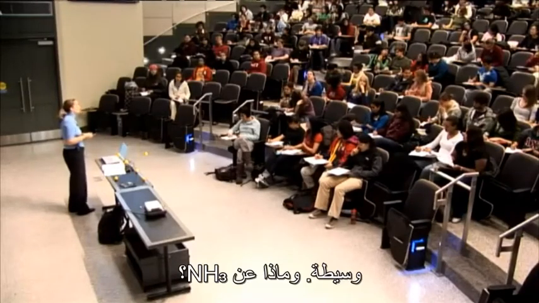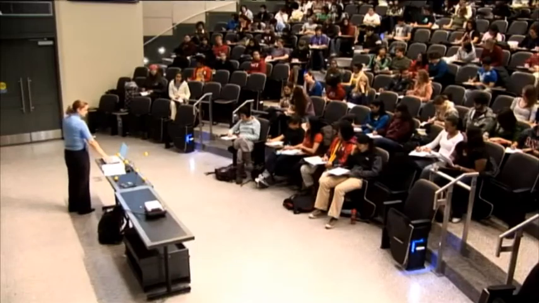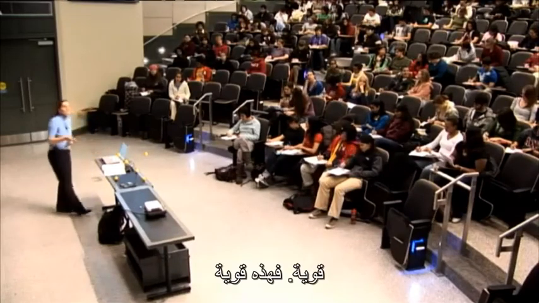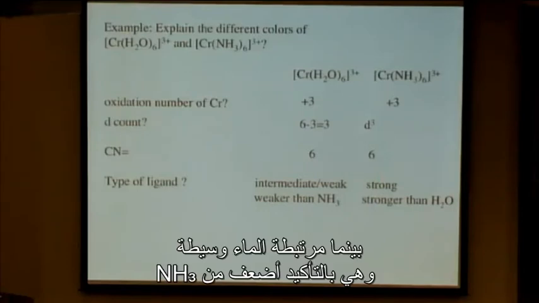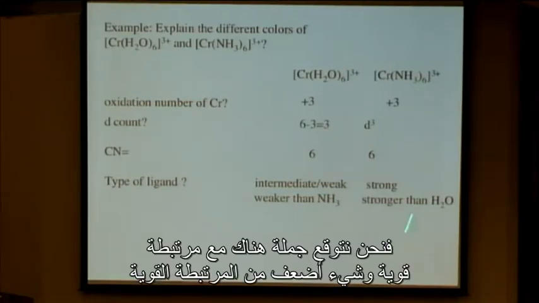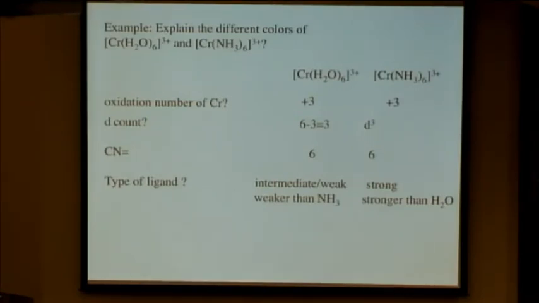Intermediate. And what about NH3? Strong. So NH3 is strong, and water is an intermediate ligand, certainly weaker than NH3. So we expect one system over here for a strong ligand, and then something that's weaker than that strong ligand.